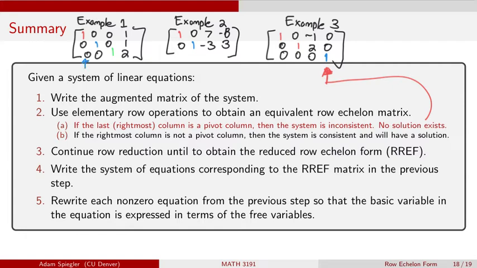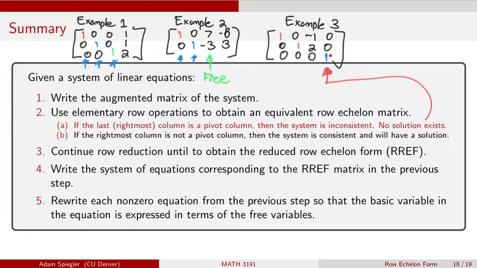For example 1, we had a pivot column in the first, second, and third columns, and so we had no free variables, which gave us a unique solution. In example 2, we had a pivot column for x1 and for x2. There was no pivot in this column, so this was a free variable. This is an indication that we have an infinite number of solutions.